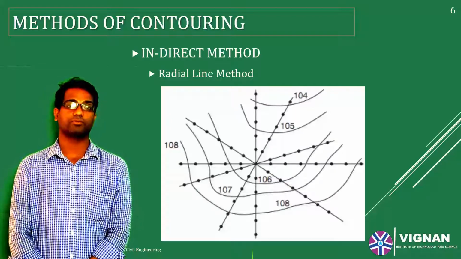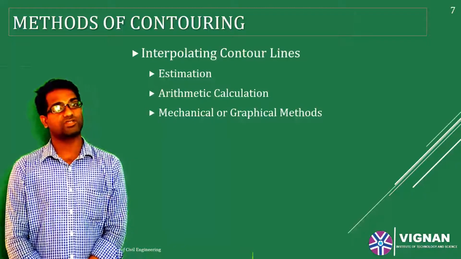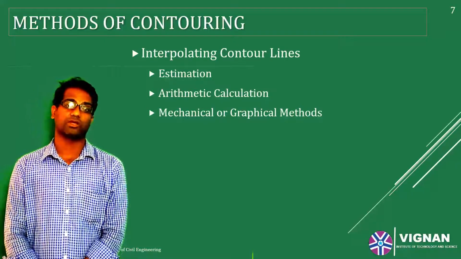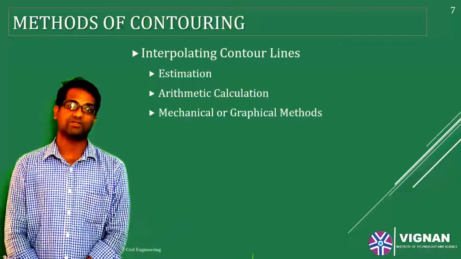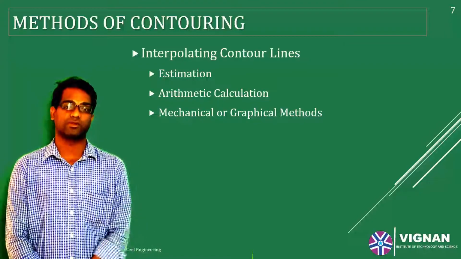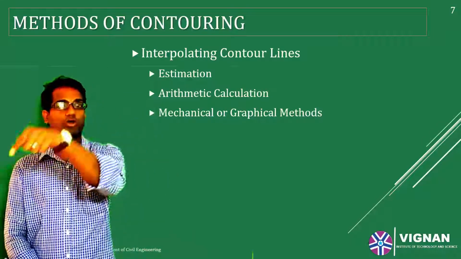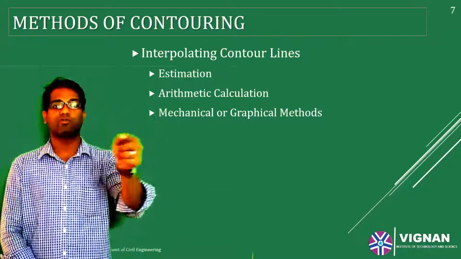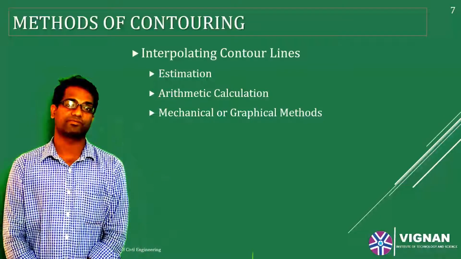As I said, the interpolation of reduced levels is very important when you are plotting contours, because you need to know the reduced level at points other than the ones you have plotted. So imagine a rectangle with four corners of different reduced levels.